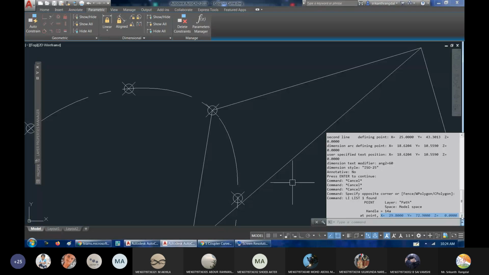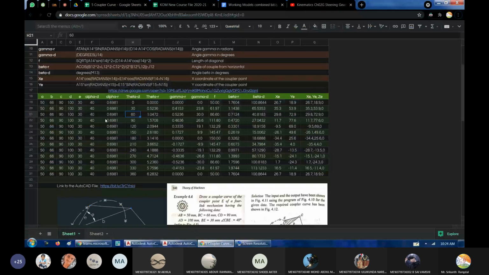Are the coordinates visible? 29.8, 72.9, and 0. These coordinates are taken from this Google sheet. So for 60 degrees, the coordinates are 29.8, 72.9. Is it visible? Yes, sir.